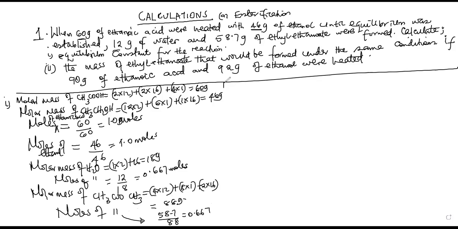Now from here, after getting the moles, how did I get moles? I've been given masses of each and everything. So with masses, I can easily compute the number of moles. Now, after this, I am going to write the equation where I'm going to generate the information as we did in the experiment.